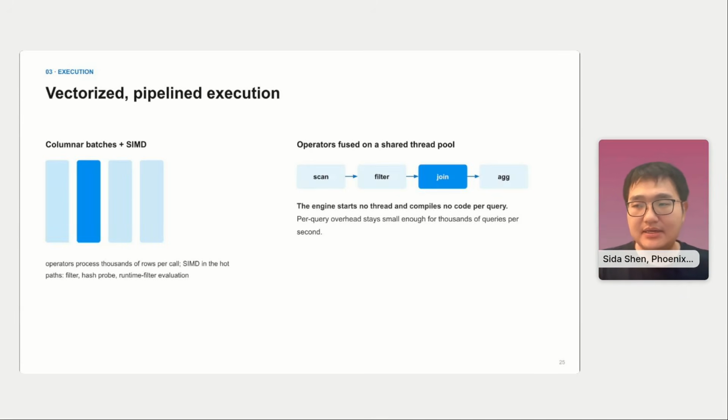By saying columnar storage, we're storing by column. By saying vectorized execution, we're saying that when we compute things in memory, we do them in a columnar fashion as well, in matrices. And by SIMD, we're saying that within a CPU cycle, we process multiple rows of data instead of one by one.